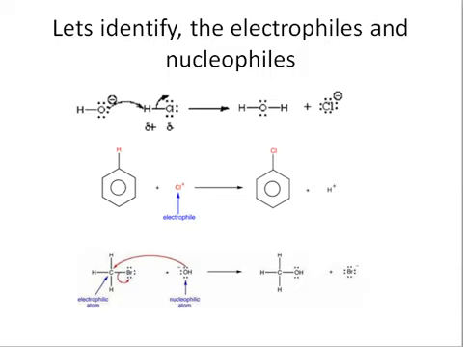Here we have HCl, and you can see this hydroxyl ion, so this oxygen is negative, so oxygen is a nucleophile, right? And this hydrogen is partially positive, this partially positive hydrogen is an electrophile here. Similarly, we have chlorine, which is positively charged, so full positive, it means chlorine is an electrophile.